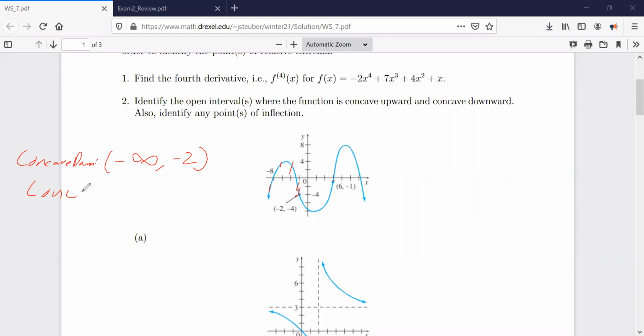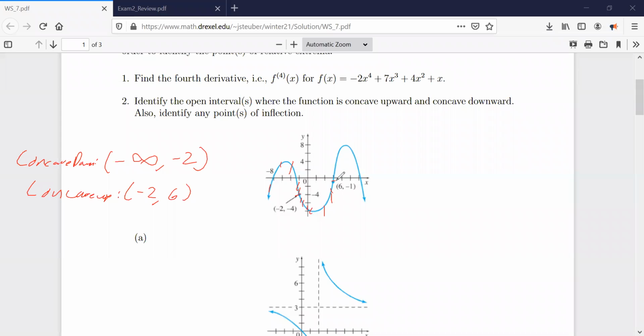And then it's going to be concave up in this next region, because here, okay, it's steeply decreasing, but less and less steeply decreasing. And then, wow, suddenly it's increasing. It's going up, faster and faster. So that tells me that from -2 to 6, it is concave up.